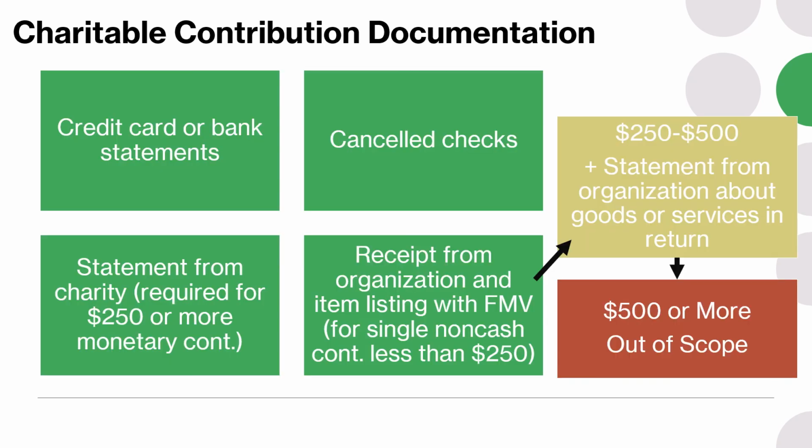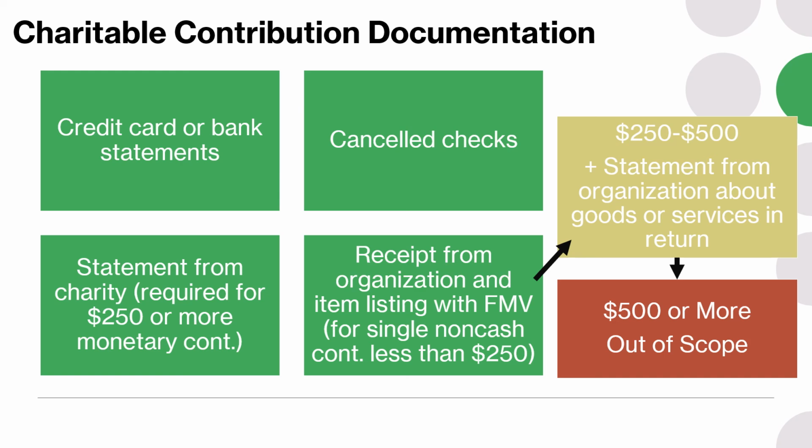And then, as we've talked about before, we don't have to audit our taxpayers. We don't have to see every scrap of paper or documentation. We can rely on what they have told us, so long as they're not giving us conflicting information or information that's just not believable, like you can't see how this could possibly be true, or it seems unlikely to be true.